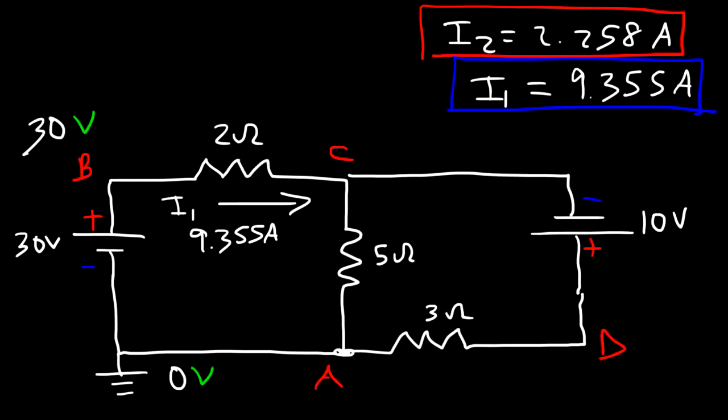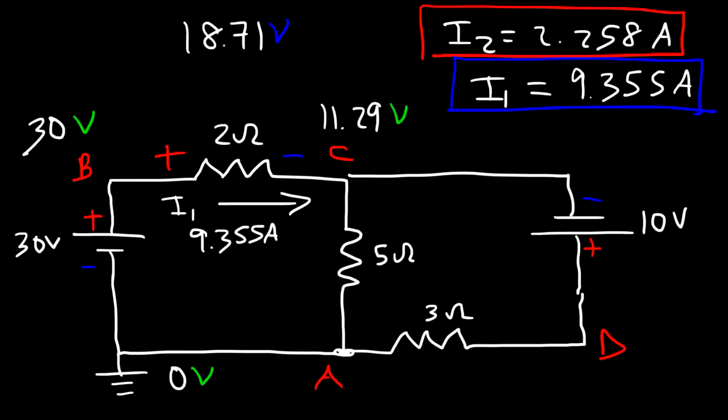So let's take 9.355 multiplied by 2. So that gives us a voltage drop of 18.71 volts. So we know this is positive and this is negative. So as we go from B to C, the voltage is going to decrease by 18.71. So 30 minus 18.71, that means that the electric potential at point C is 11.29 volts.